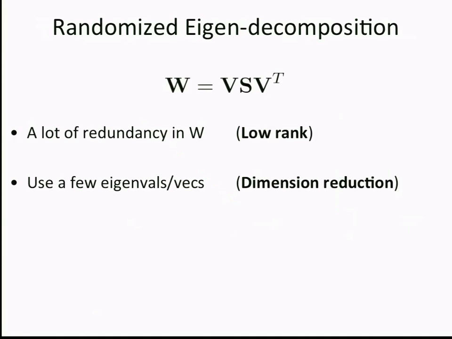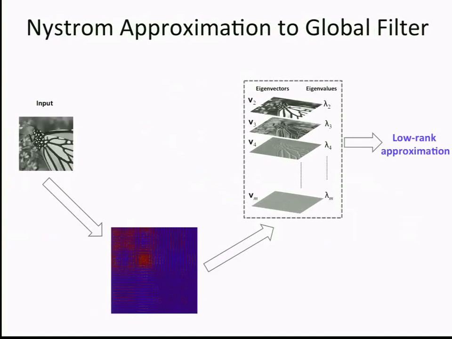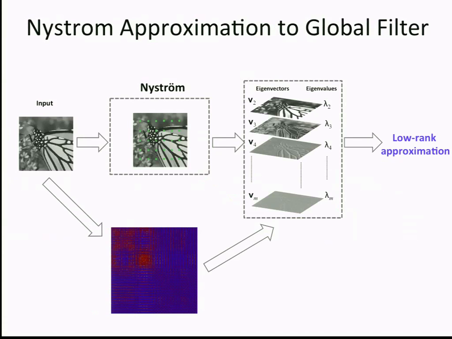This V S V transpose can be decomposed in this low-dimensional space using the Nystrom approximation, which works like this. Again, to reiterate. Instead of starting with the input image, computing a complete matrix W, and then from that computing the eigenvectors, and then doing a low-rank approximation, what we instead do is we scan the image at a very, very small number of points.